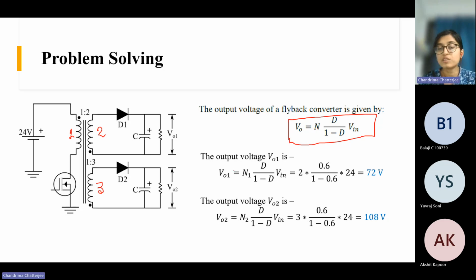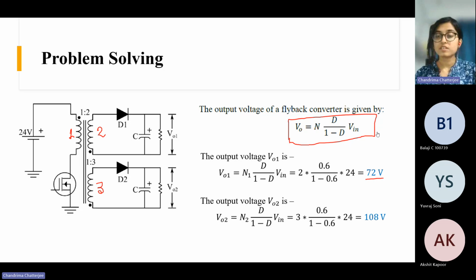So this output voltage will be what? VO1 is N1 times D by (1 minus D) times V input. N1 here is 2 because this is 1:2. So this is 72 volt. For the other winding, we can calculate similarly, with 3 because this is 1:3.